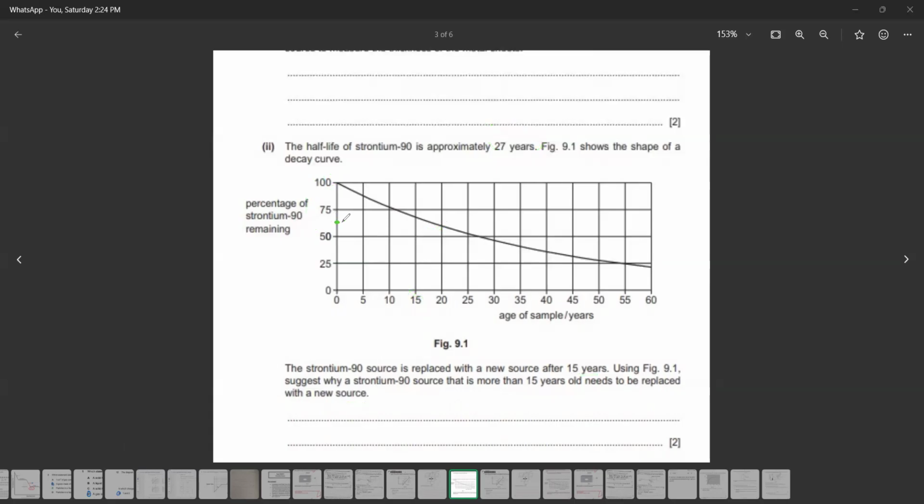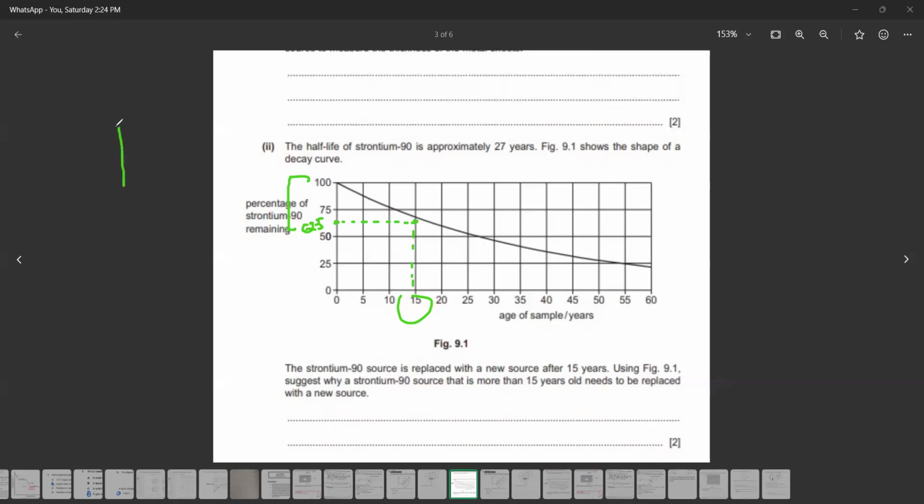This will be about 62.5, in between. Approximately, I'm thinking. So it means after 15 years, the radiation will decrease to about 60% of its original value. So the change in the radiation is due to the emission rather than due to the thickness.